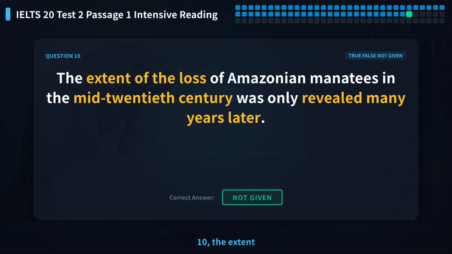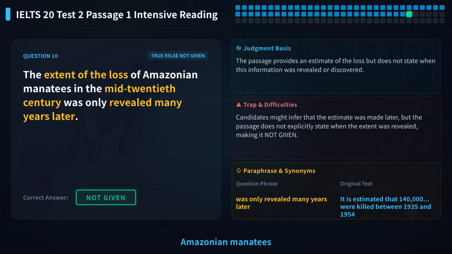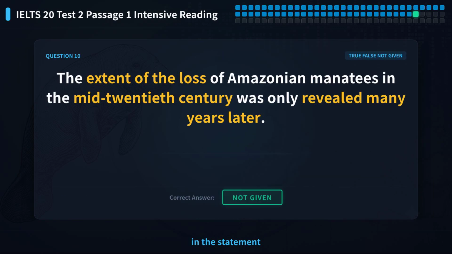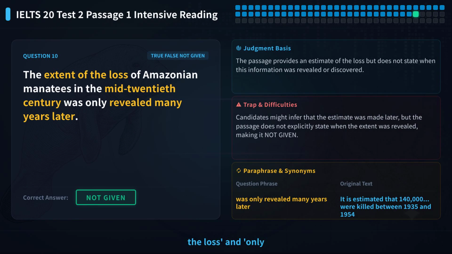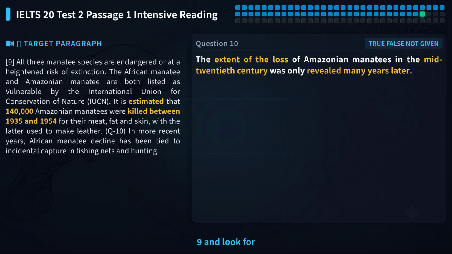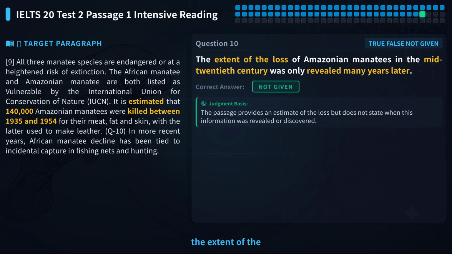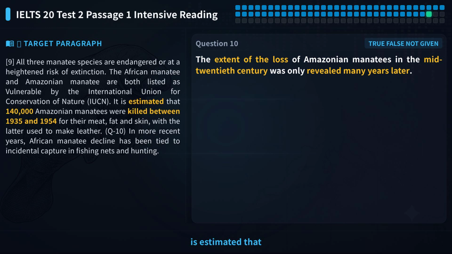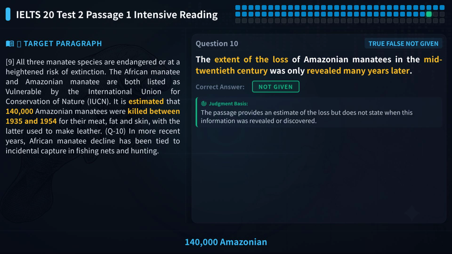So the answer to question 9 is false. Let's look at question 10. The extent of the loss of Amazonian manatees in the mid-20th century was only revealed many years later. The key clue words in the statement are extent of the loss and only revealed many years later. Let's locate paragraph 9 and look for information about the extent of the loss of Amazonian manatees. The text says it is estimated that 140,000 Amazonian manatees were killed between 1935 and 1954.